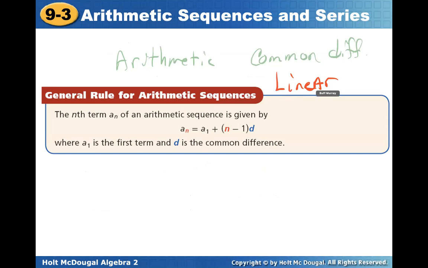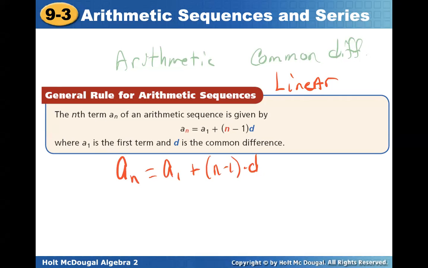So what we can do is, if we identify something as an arithmetic sequence, there's a linear function we can match it to without having to use Desmos. Realistically, that doesn't mean you can't use Desmos, it's just that we don't necessarily have to. All right. Here's what this looks like. a sub n is a sub 1 plus n minus 1 times d. Now, we have to know what all those things represent, and that's what we're going to talk about right now.